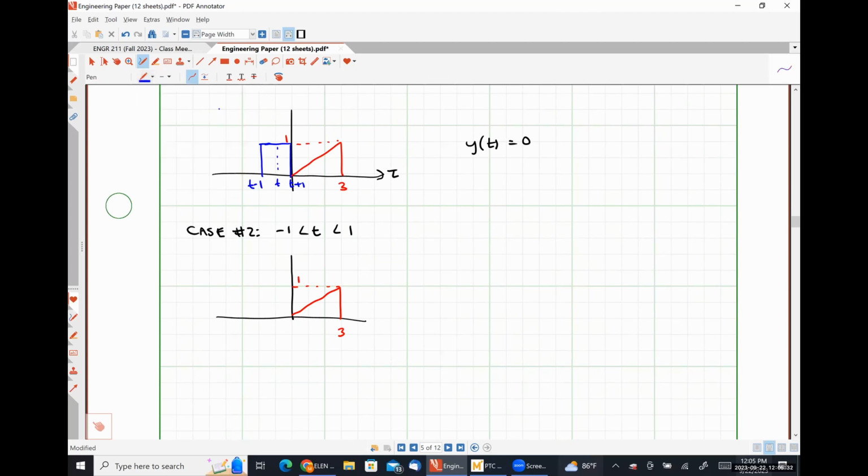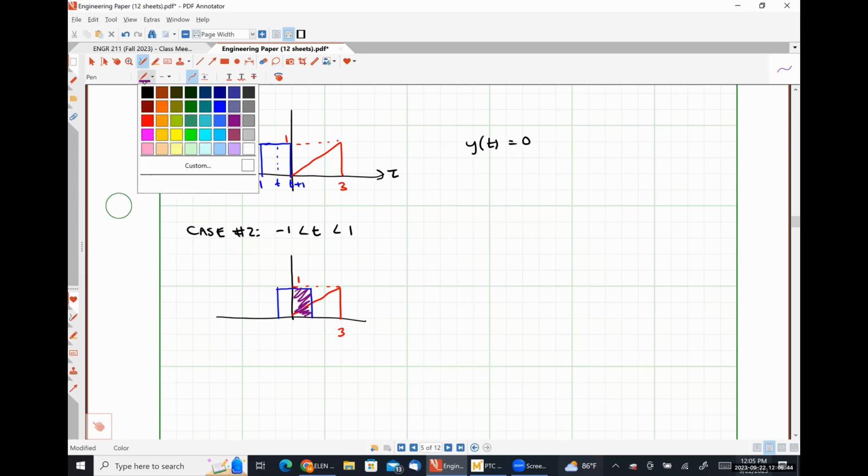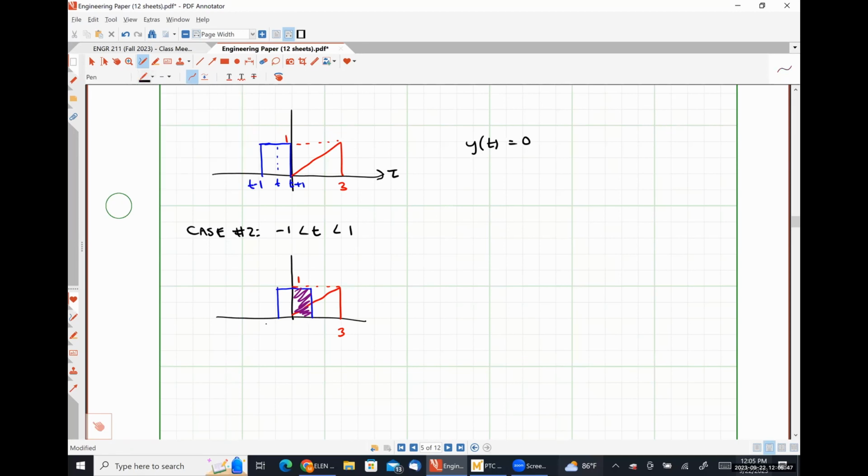I'm going to have something like this, where there is obviously some overlap. This is t minus 1 on this side and t plus 1 on this side. So what should y of t equal? What should my integral look like? What are the limits of my integration going to be?